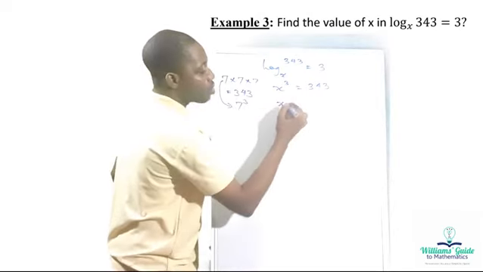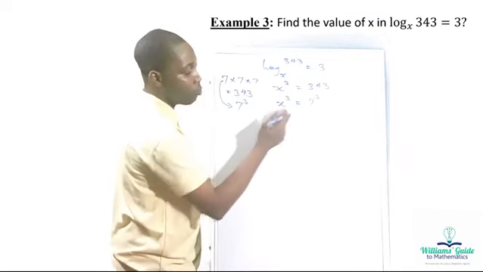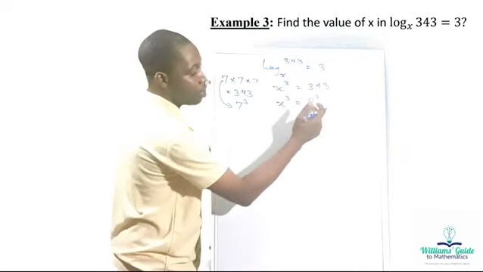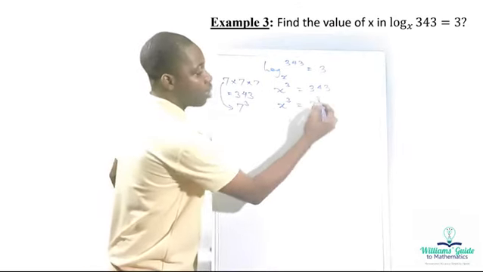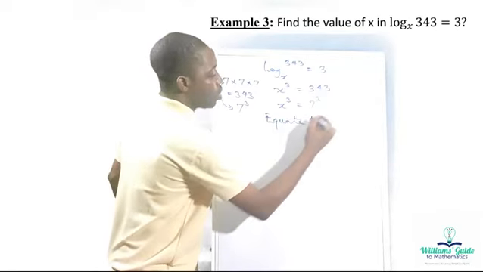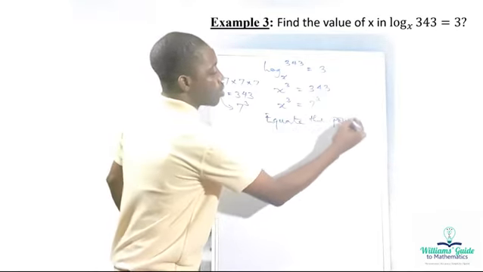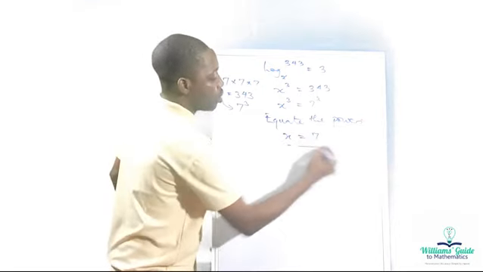So I have x raised to power 3 equals 7 raised to power 3. Now, my base here is x, my base here is 7. They are not equal. The power here is 3, the power here is 3. So I will equate the powers so that I will have x equal to 7.